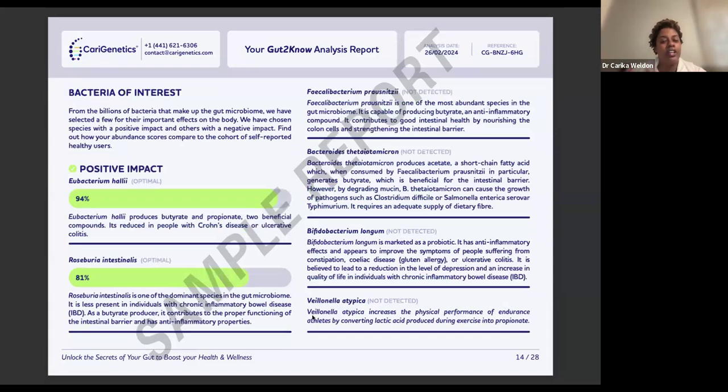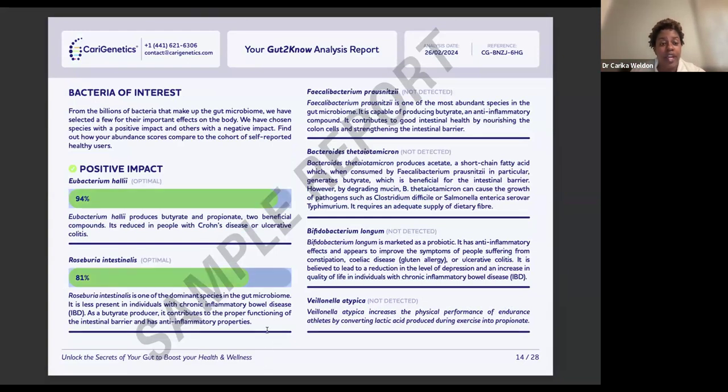And then there are certain bacteria of choice, and some of these were mentioned earlier by the first presenter. And so you can get to see, do you have these positive bacteria in your gut microflora so that you know that, okay, you're doing a good job, or are some of them missing? And so maybe you need to supplement your diet with certain either foods or different biotics so that you can actually get these bacteria.